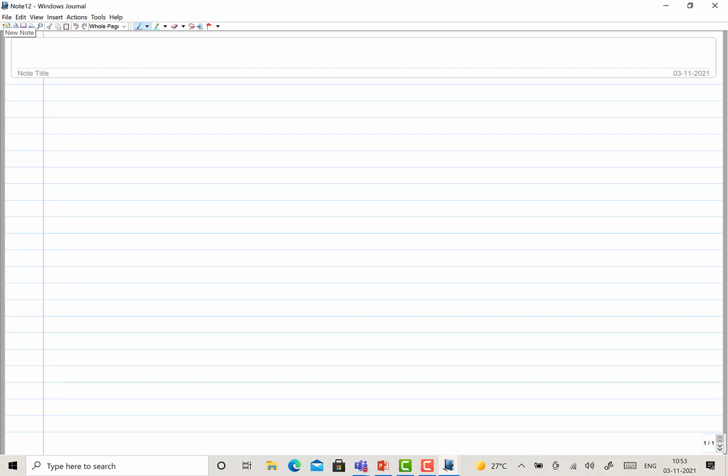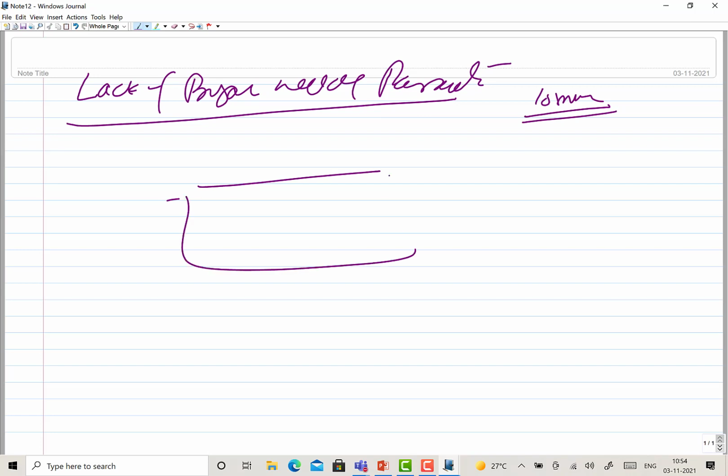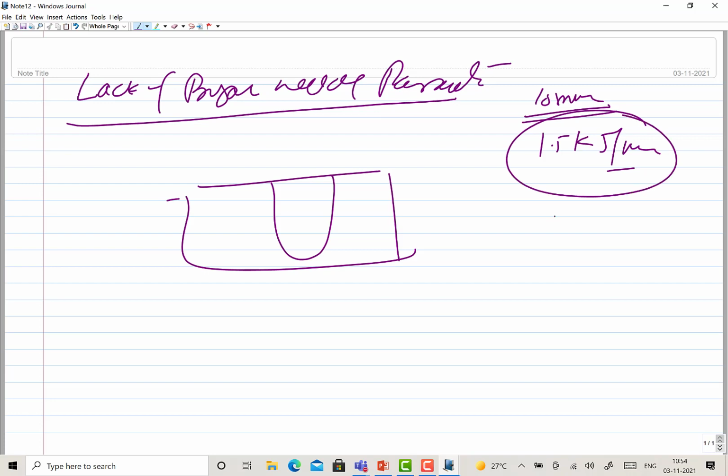Another type of weld discontinuity about which I would like to talk is when we use improper welding parameters. This is very interesting. So say for a given thickness, a 10 mm thick plate welding in a single pass like this, you need to supply a minimum of 1.5 kilojoule per mm, and you realize that through the proper welding current and voltage setting.